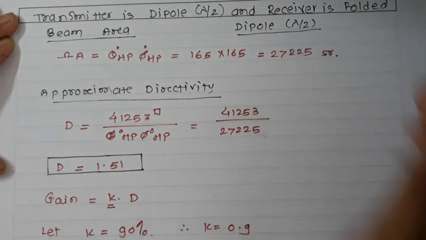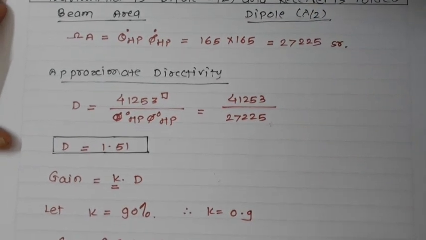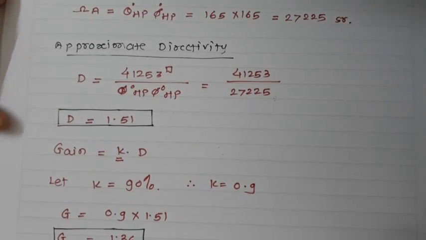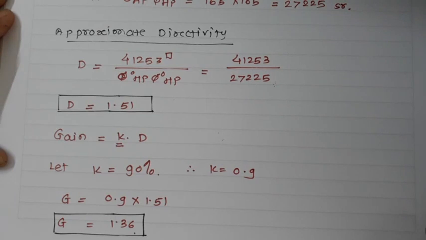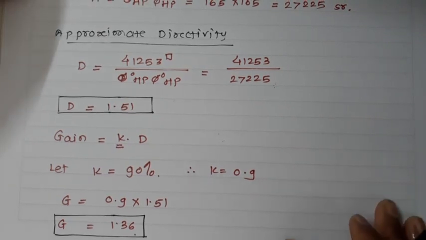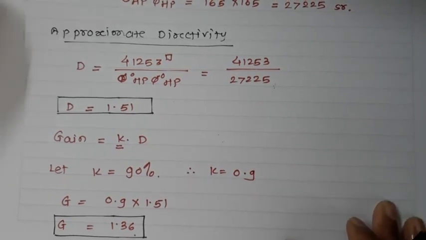So we have got the approximate directivity 1.51, and the gain, that is, 1.36. Okay. Now let us calculate the same thing when your transmitter is the folded dipole and your receiver is the simple dipole.